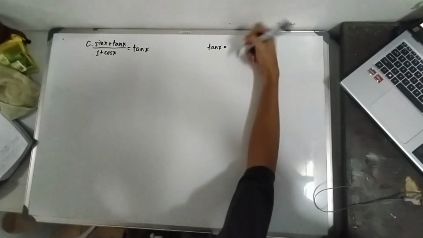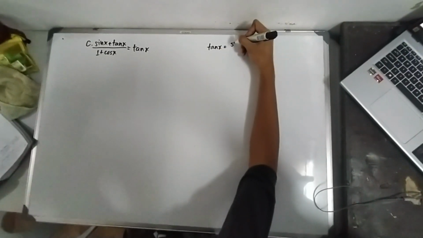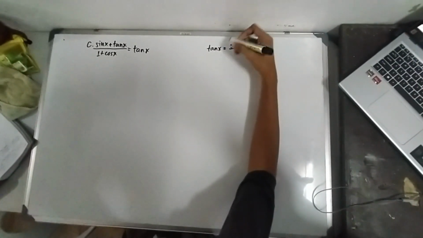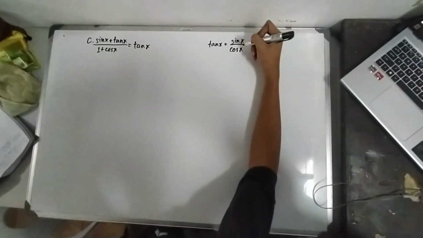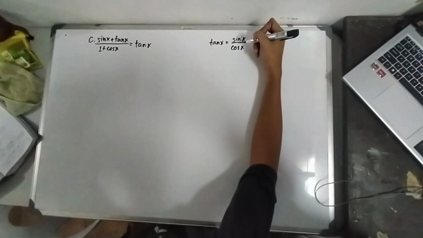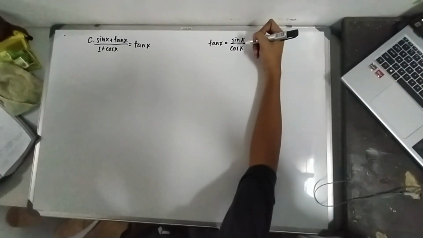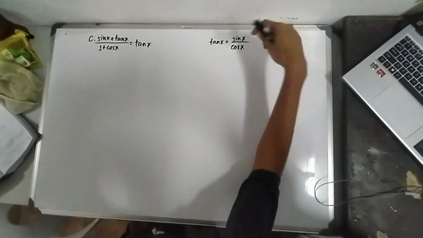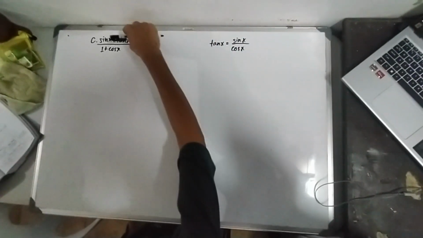We know that tan x is equal to sine x over cos x, and that is based on the ratio identities. So let's try to substitute this in here.